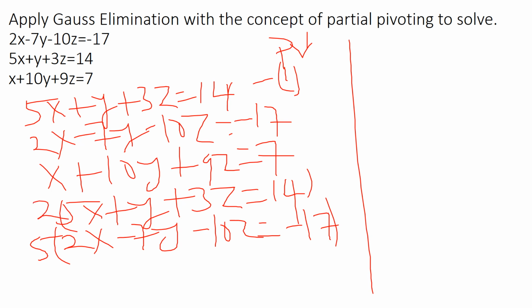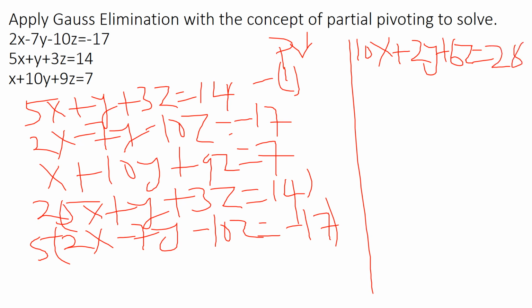If we multiply these, we get 5 multiplied by 2x, which is 10x, then plus y multiplied by 2, we get 2y, then plus 2 multiplied by 3, we get 6z, and 2 multiplied by 14 equals 28.